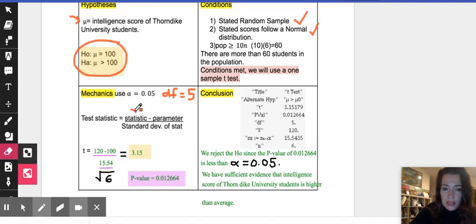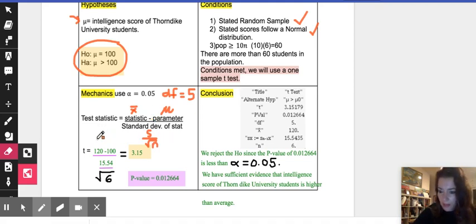Our statistic, which I wrote down in words, is actually our sample average minus our parameter, mu, over the standard deviation of the statistic, that will be S over the square root of n. So rather than write it in symbols, I wrote it in words, but here are the symbols.